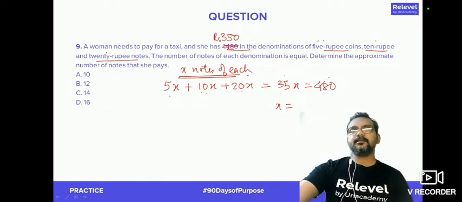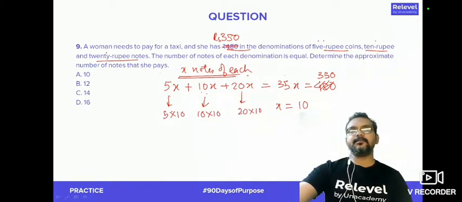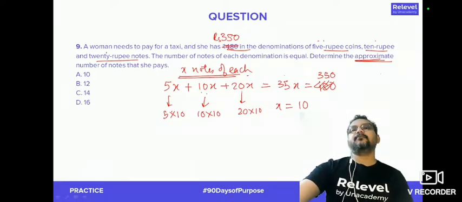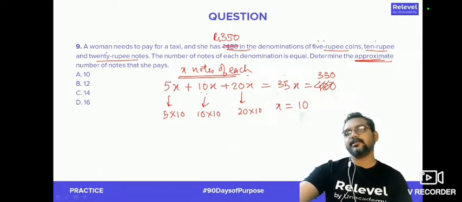that means x is 10. That would mean 5 rupee notes there are 10, 10 rupee notes also there are 10, and 20 rupee notes there are also 10. So the approximate number of notes that she pays. So you cannot have an approximate number of notes here, obviously, because the number of notes are always integers. So you cannot have a decimal number of notes in this case. The total number of notes that she pays is 10 plus 10 plus 10.